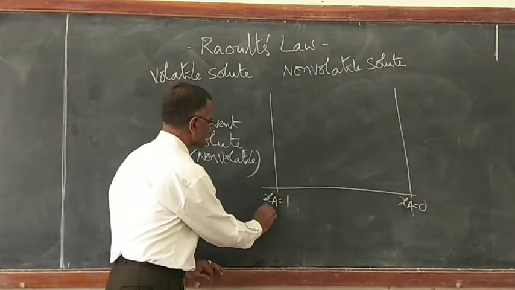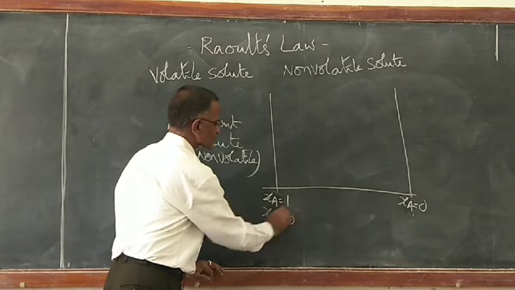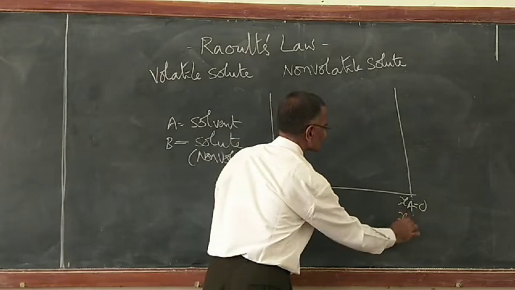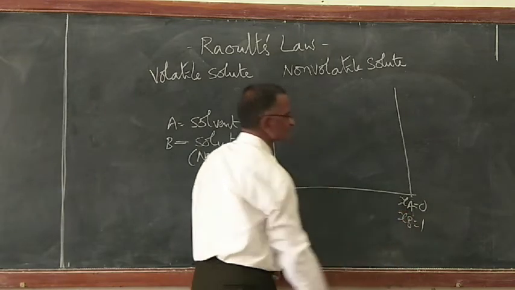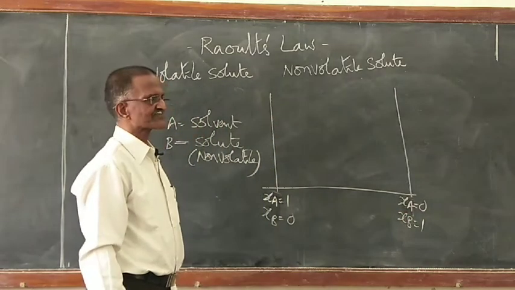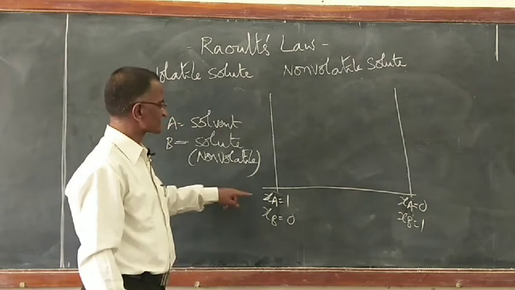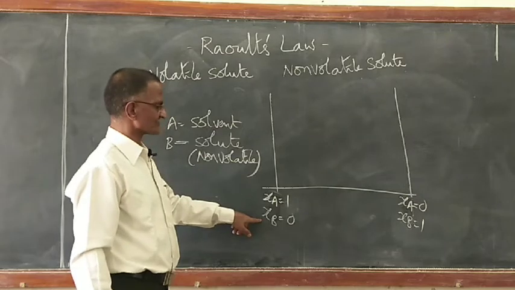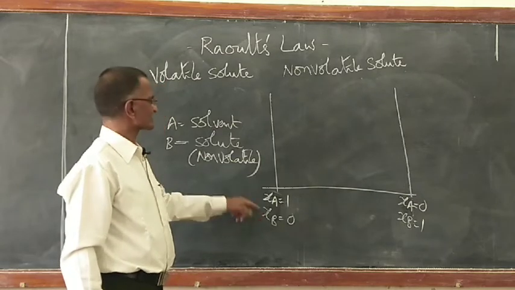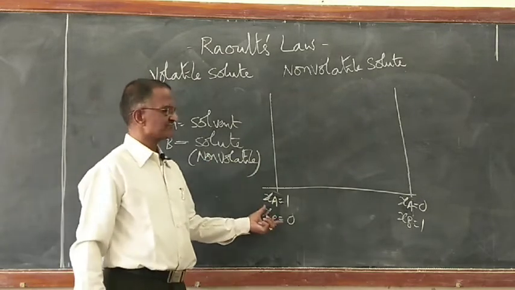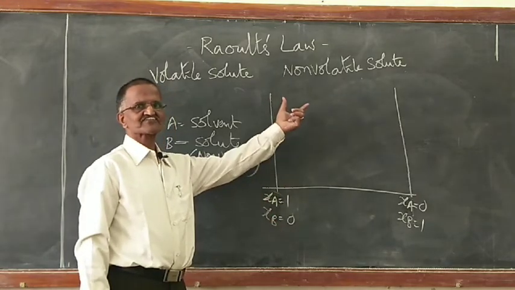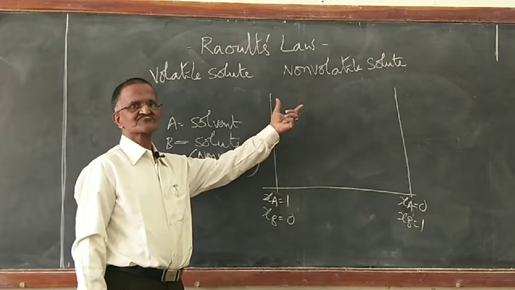What will happen to Xb? To start with, it is not there. Later Xb equal to 1. What will be the pressure contribution? Xa goes on decreasing, Xb goes on increasing. But as it is a non-volatile solute, B is in no way contributing to the total pressure on the surface of the solution.